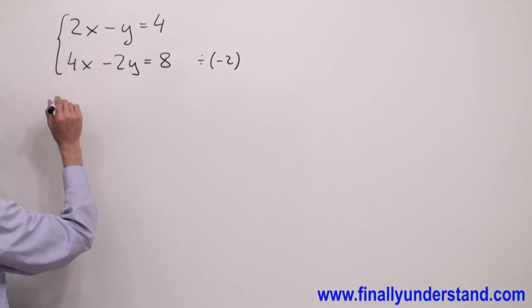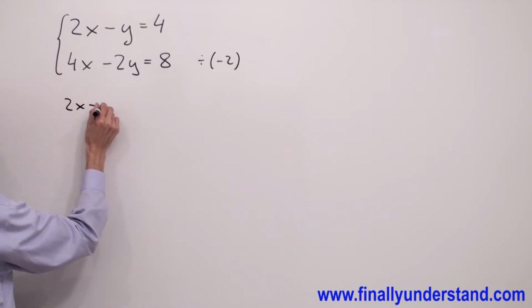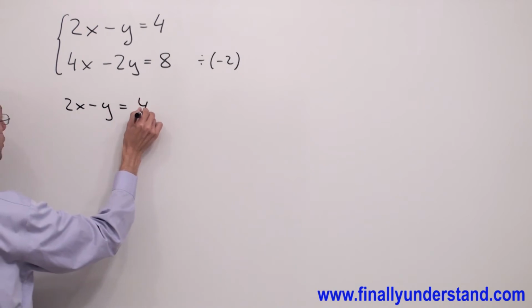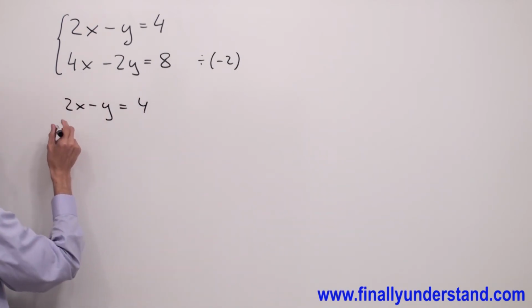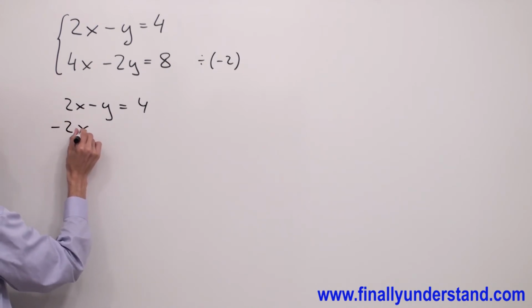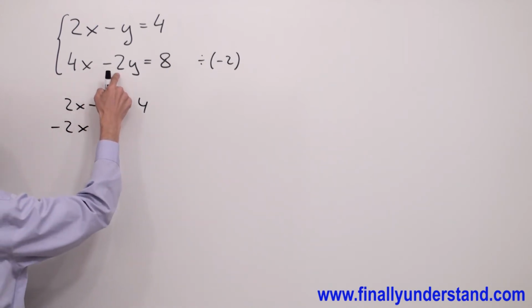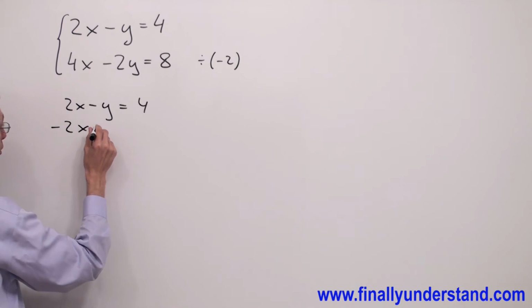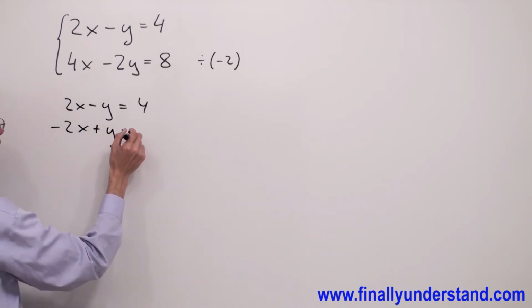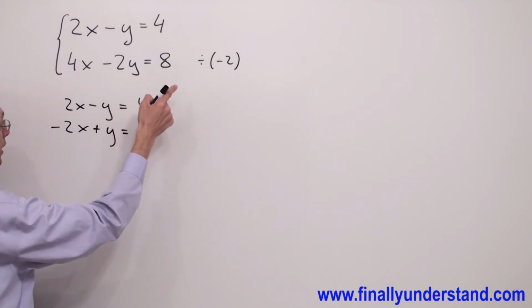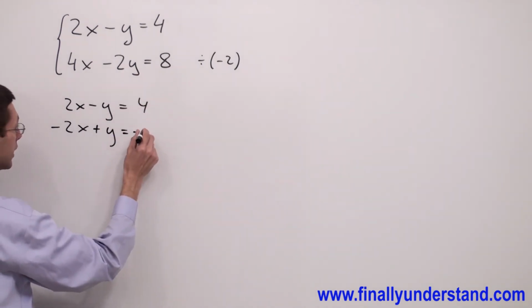I'm going to copy down the first equation, and I have 2x minus y is equal to 4, and 4 divided by -2 is going to give me -2x. -2 divided by -2 gives me +1, and 8 divided by -2 gives me -4.